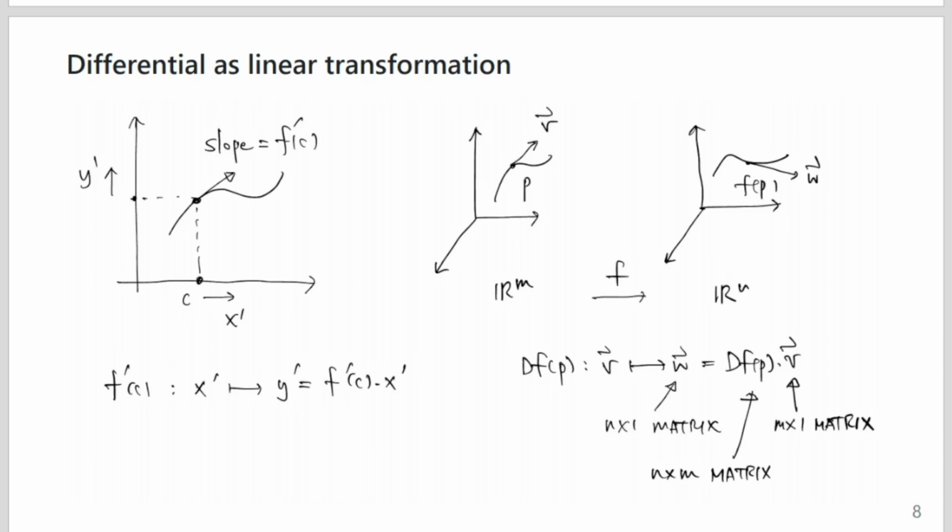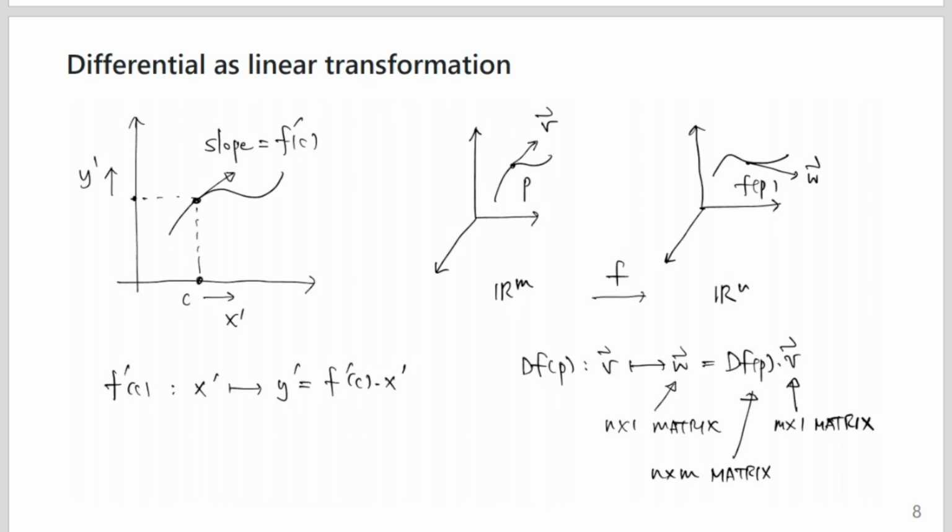The n by m matrix DFp acts as a function that connects v and w. w is DFp multiplied by v. Therefore, the derivative can be thought of as a rule that predicts the movement of the codomain point based on the movement of the domain point.